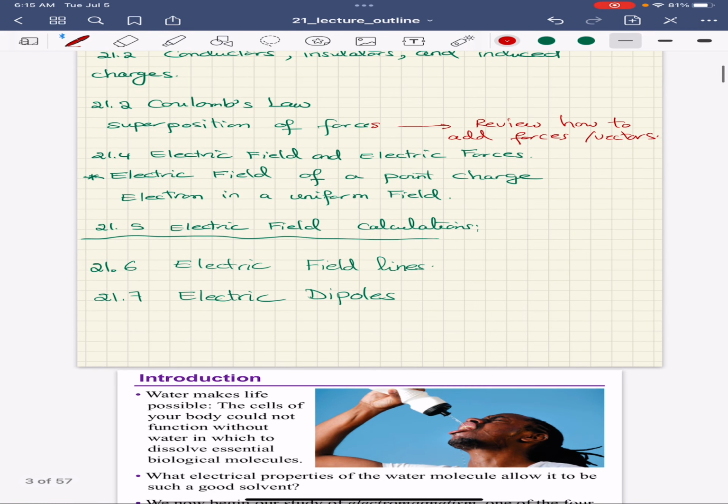We will also learn how electric field and electric forces are related, calculate the electric field of a point charge and how an electron behaves in a uniform field, do electric field calculations for a distribution of charge, and then learn about electric field lines and electric dipoles.